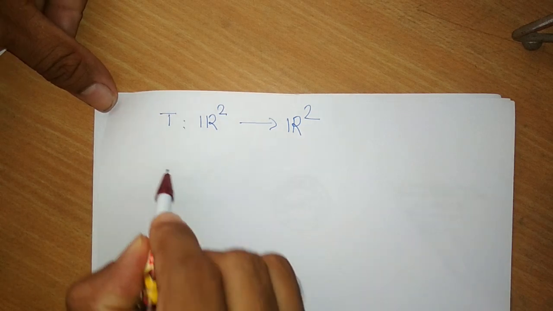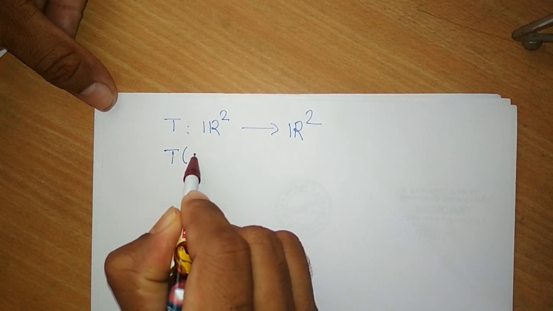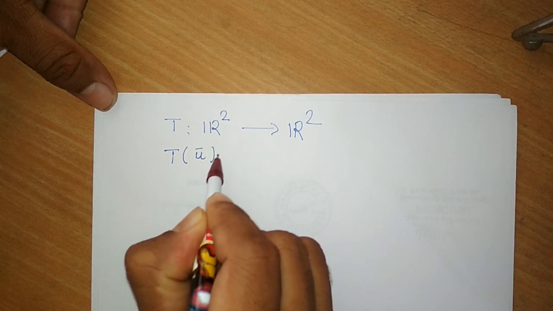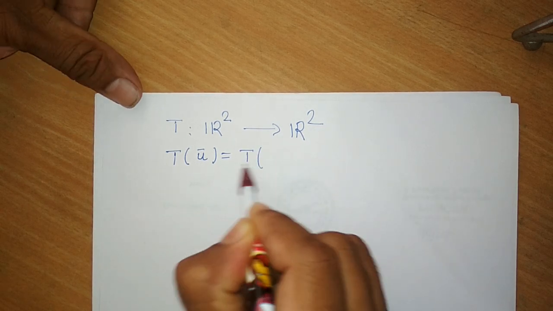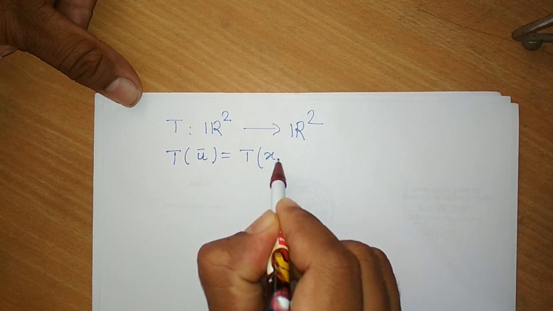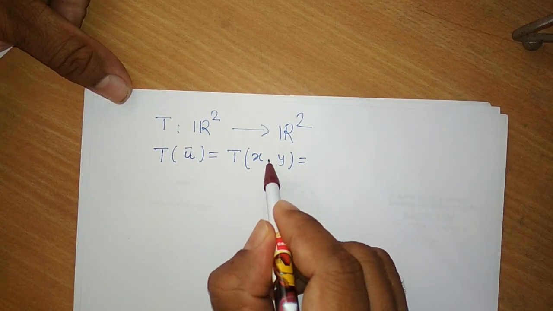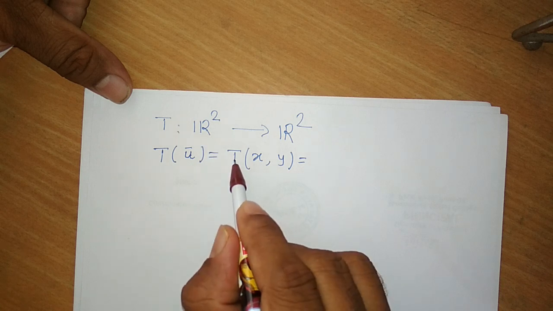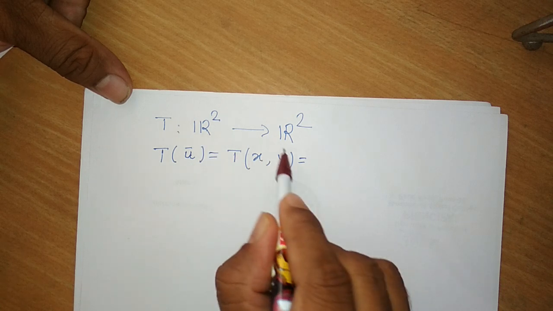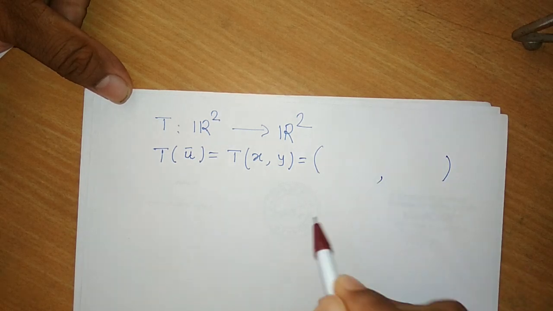Define T of u bar, where u bar has two components x, y, a vector in R2. Its image T of x, y is also a vector in R2, so it has two components.